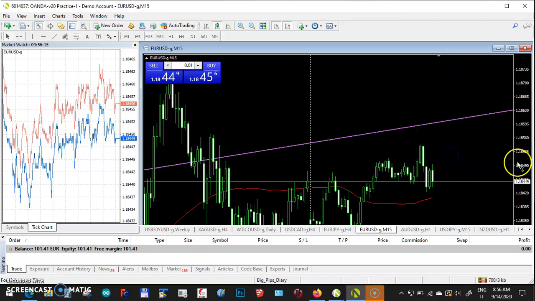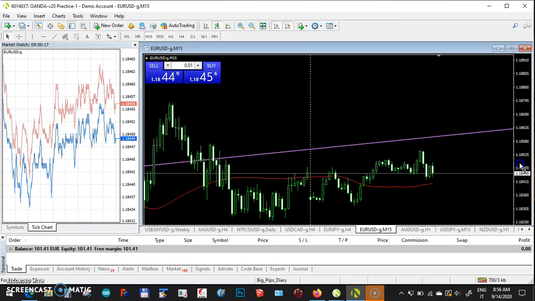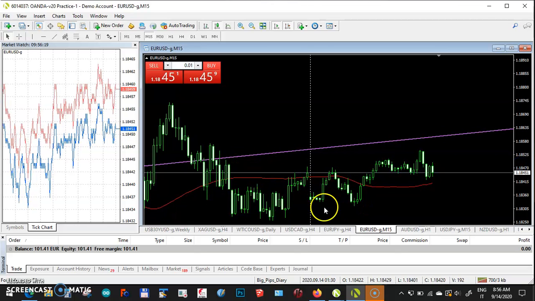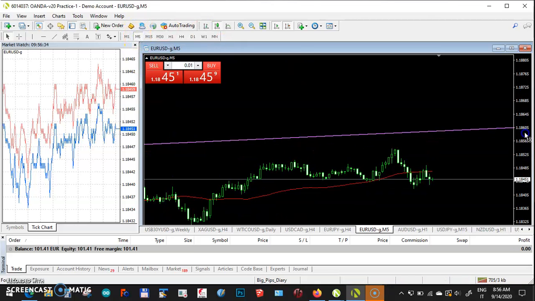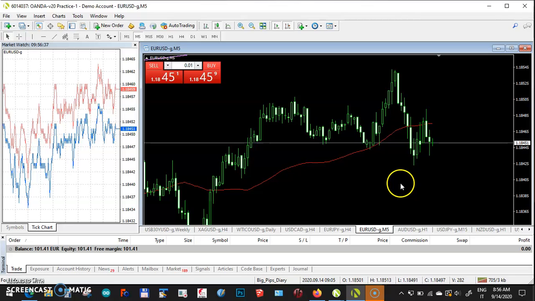and we can see the situation is not clear. It's quite a little uptrend at the moment. And I'm going to see M5 too. And this is more clear.